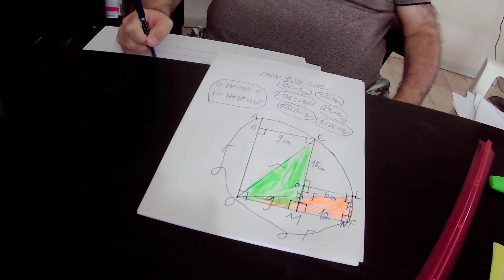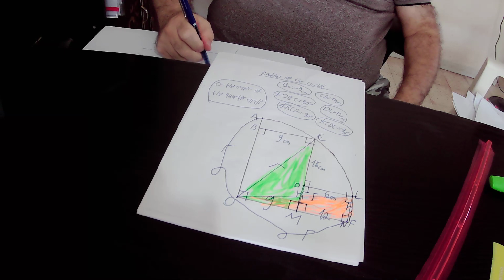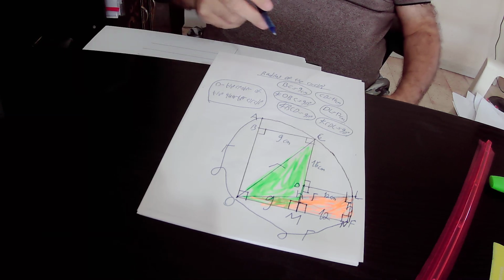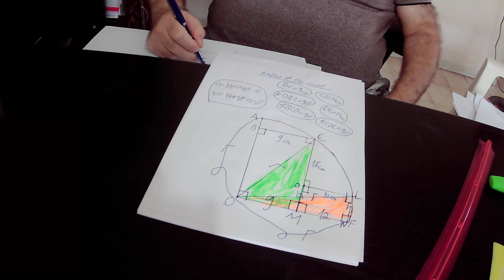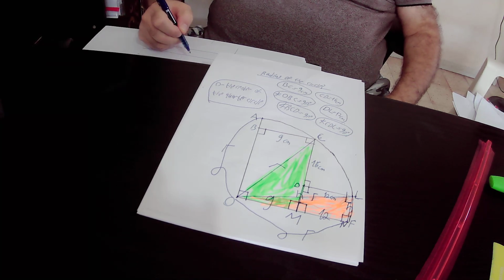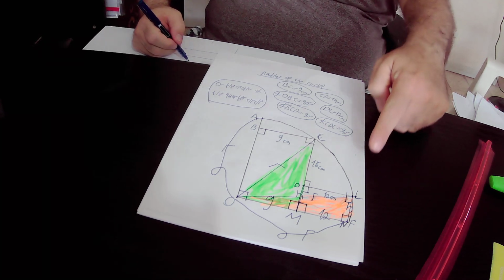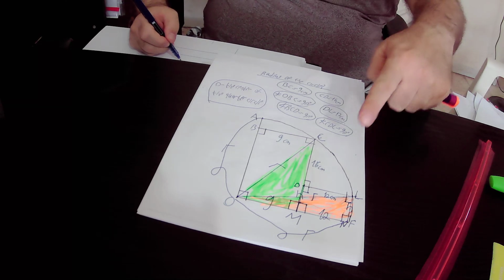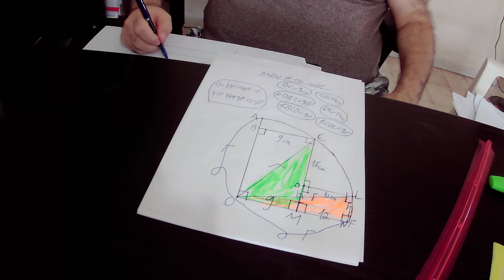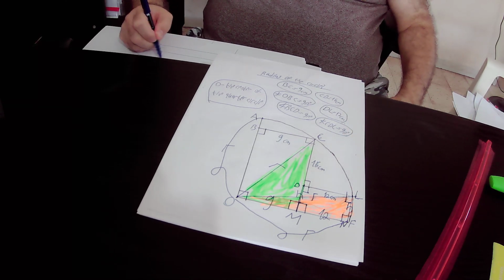According to the Pythagoras theorem, the square of the hypotenuse equals the sum of the squares of the perpendiculars. The hypotenuse is LO, therefore the square of the hypotenuse is LO squared, and it must be equal to the sum of the squares of the perpendiculars. That is to say, it must be equal to LN squared plus ON squared. I repeat again.